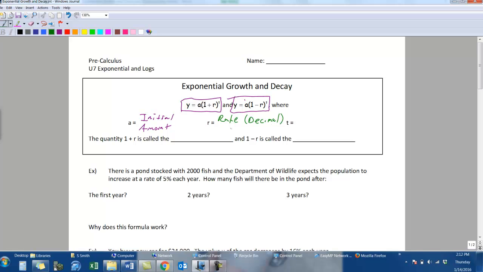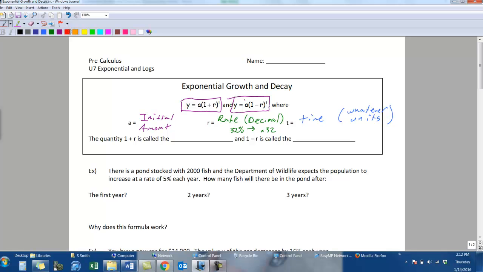For example, 32% needs to be 0.32. And time, or t, is time, of course, and that's whatever units they say. Some problems might be per second, per year, what have you.